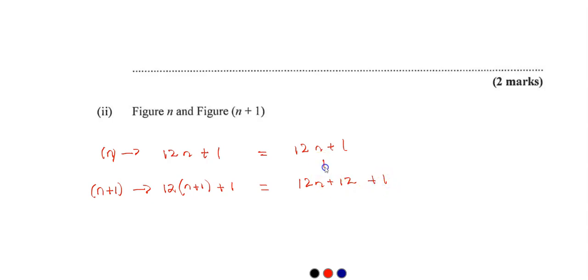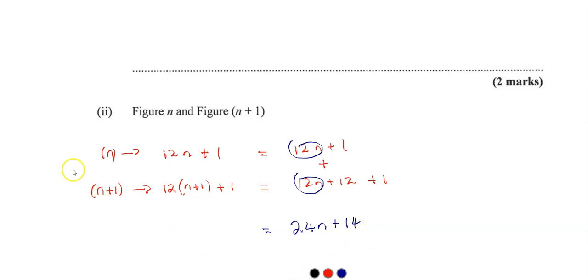So we are adding these two together. So what we get there, we call it the like terms, right? So that's 12n and 12n, that's 24n. And we add the like terms here. So we have 12 and 1, 13 and 1, 14. So it's 24n plus 14 for that.